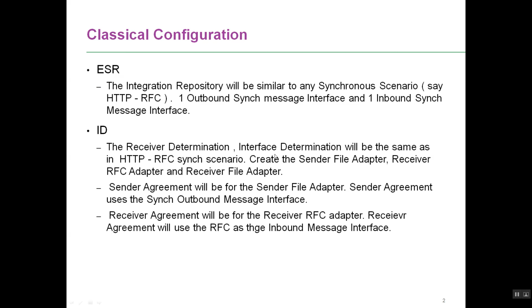So nothing changes there. You will create a sender file adapter, you will create a receiver RFC adapter, and you will create a receiver file adapter. The receiver determination and the interface determination will be the same. In the sender agreement, you will use the synchronous outbound service interface. In the receiver agreement, we will use the receiver RFC adapter.